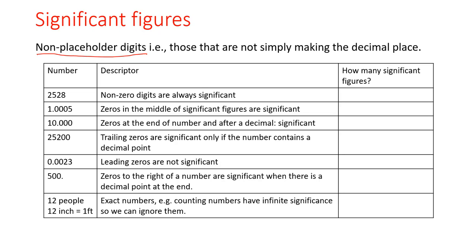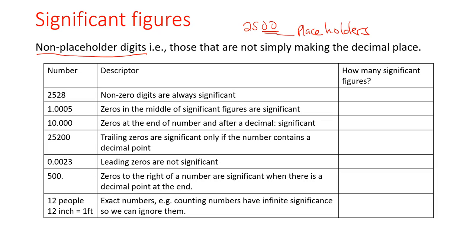For example, if we have a number like 2500, these two zeros are just placeholders. They are just showing us that we have 2500. That's the purpose of those zeros. But they are not really important to this number. So we can say that those zeros are just placeholders, and therefore they are not significant.